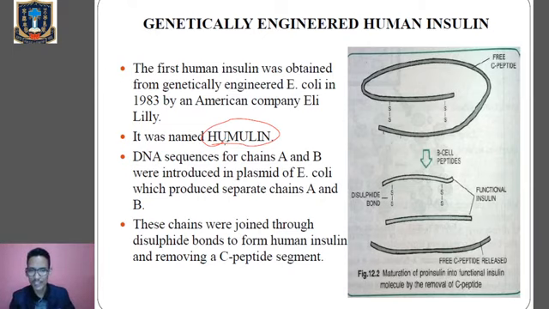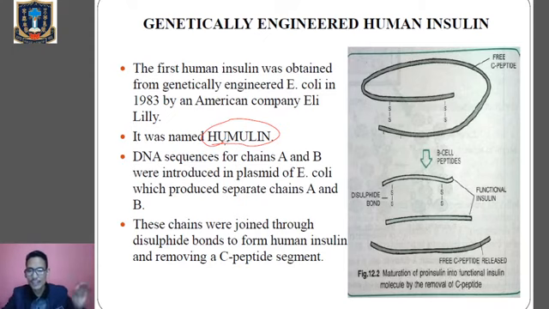So those DNA sequences which form the polypeptide chain A and the polypeptide chain B were inserted into the plasmid of E. coli cell, and they used to form the separate chain A and the separate chain B. Clear? So DNA sequences for chain A will form the polypeptide chain A, and the DNA sequences for chain B will form the polypeptide chain B.